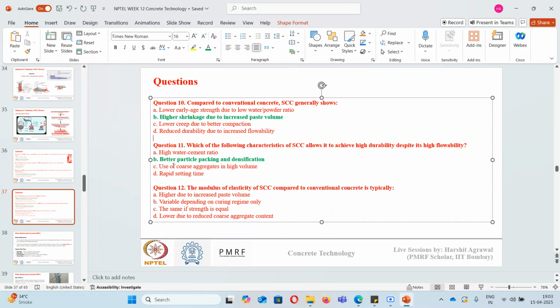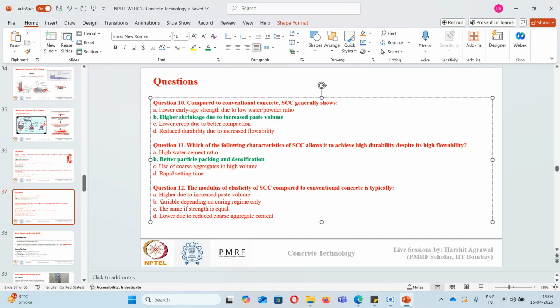This optimization improves the particle packing and makes concrete dense. So even after such congested reinforcement space, my concrete is able to freely flow through the openings, and it is able to form a dense composition in reinforced concrete, which makes it a highly durable concrete despite having flowability.